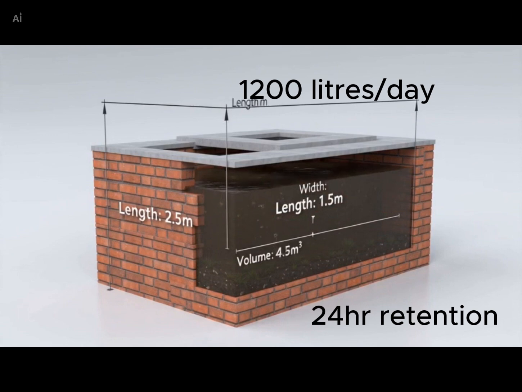In practical situations, septic tanks can be larger. A common residential septic tank may have a length of 2.5 meters, width of 1.2 meters and a liquid depth of 1.5 meters.